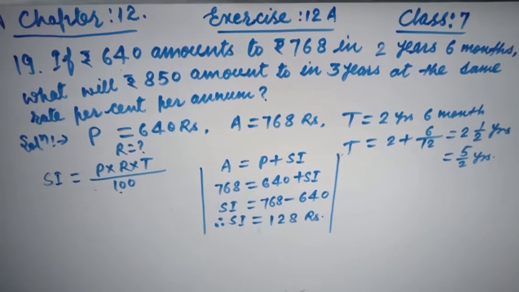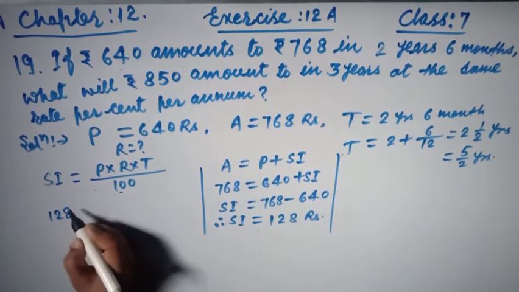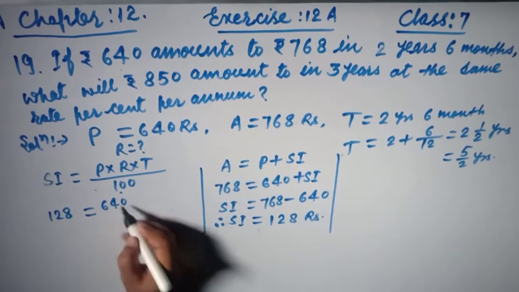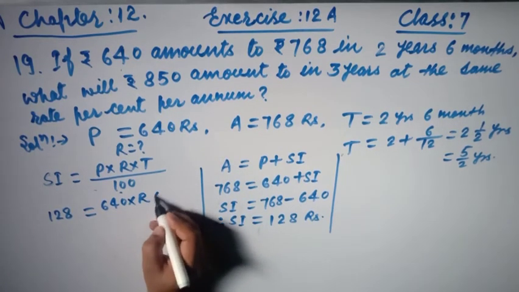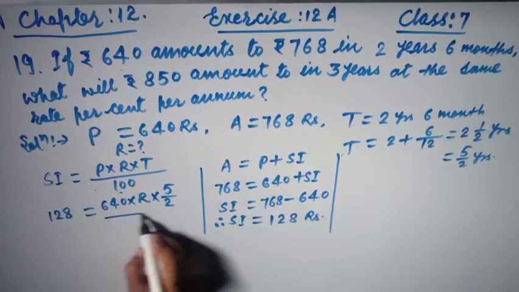Now friends, we apply the formula SI is equal to P into R into T divided by 100. Have a look. SI is given as 128, P is 640, R we have to find, T is 5 by 2, divided by 100.